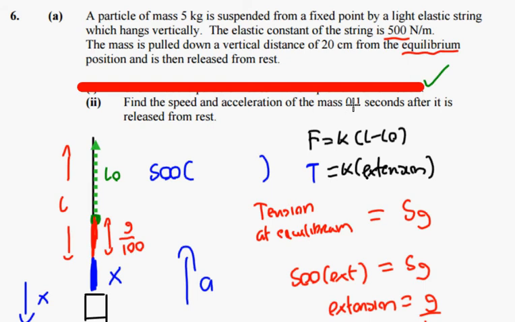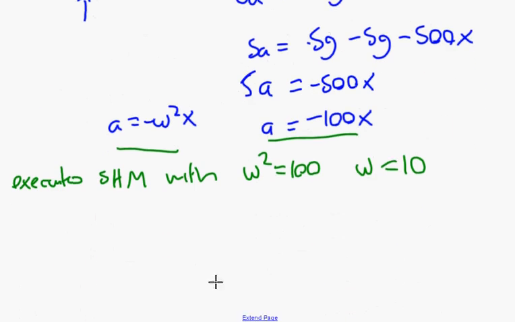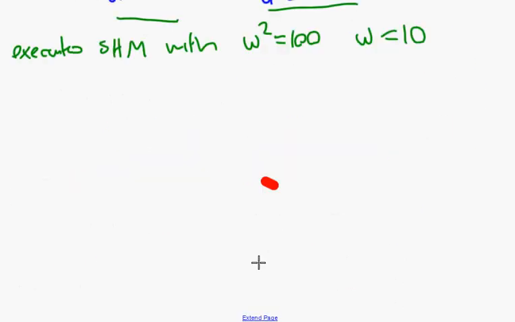Now find the speed and acceleration of the mass 0.1 seconds after it is released from rest. Now I was thinking yesterday, how do you remember which formula you're using? Is it sine or is it cosine?